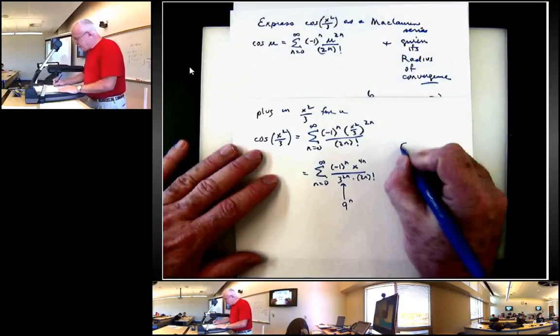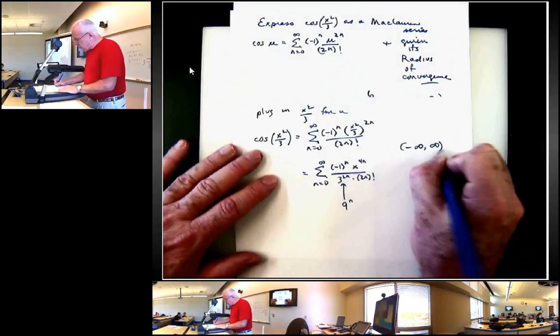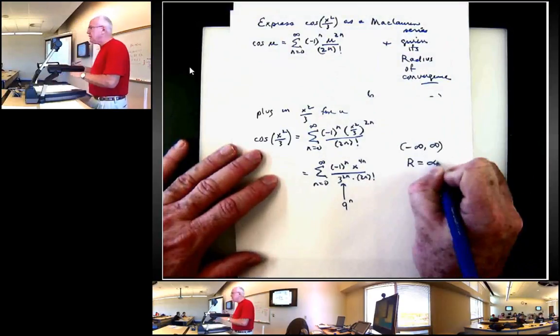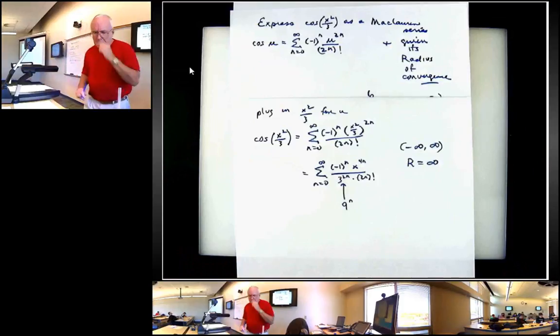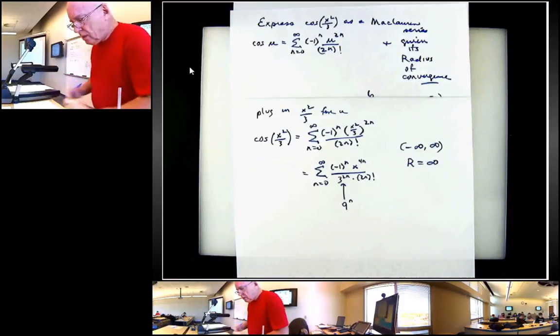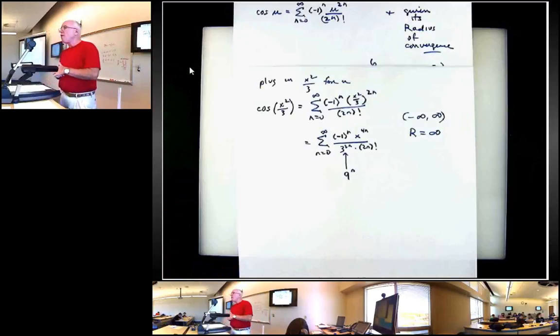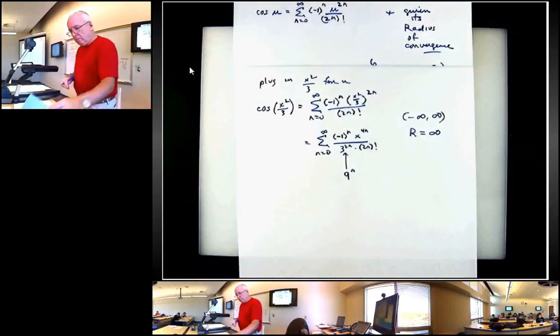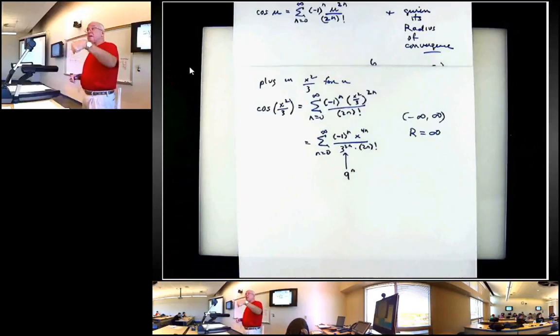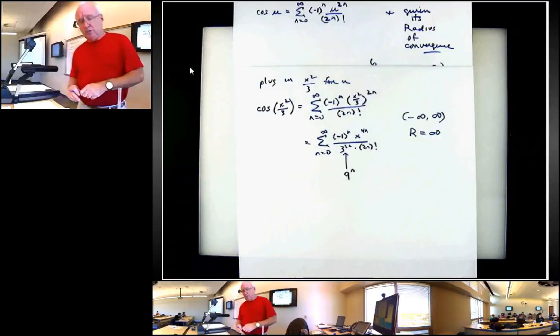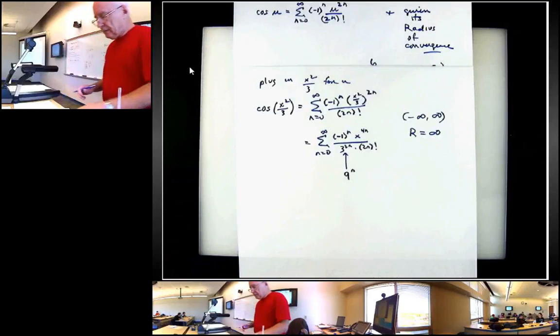So either writing it like this or saying r is equal to infinity, either way, it's the same kind of thing. How do you know that's infinity? That second column there on that page shows the different radiuses of convergence.